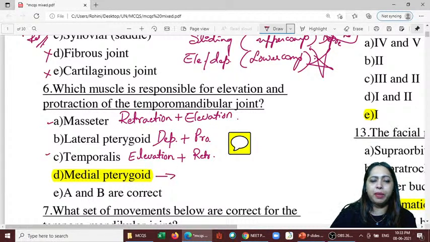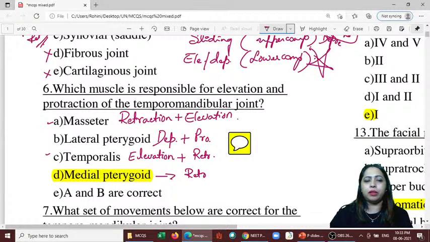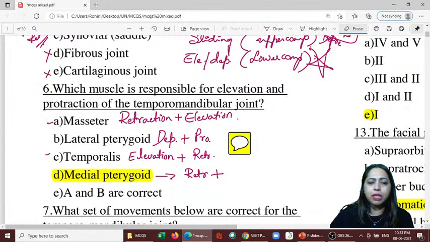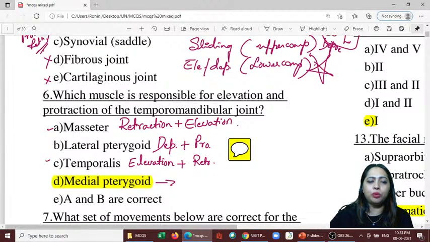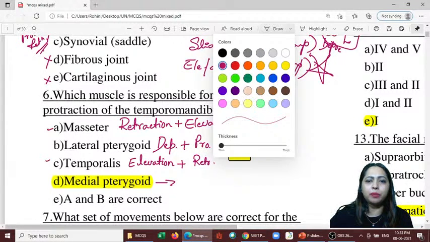What is the action of medial pterygoid? Medial pterygoid will do retraction, not retraction, one second, it is protrusion. It will obviously do the protrusion.